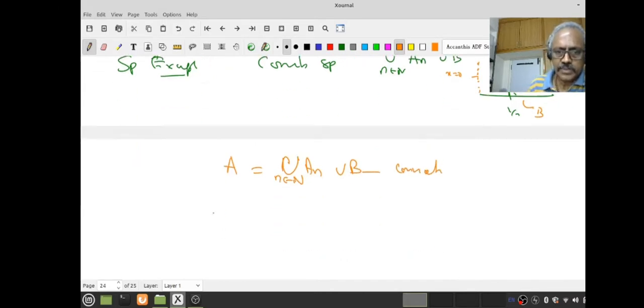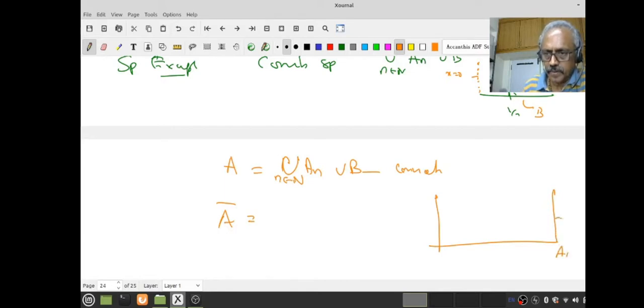What is A closure? A closure will be exactly the same thing, but now this is also included. These are the A_n, and this is also included.